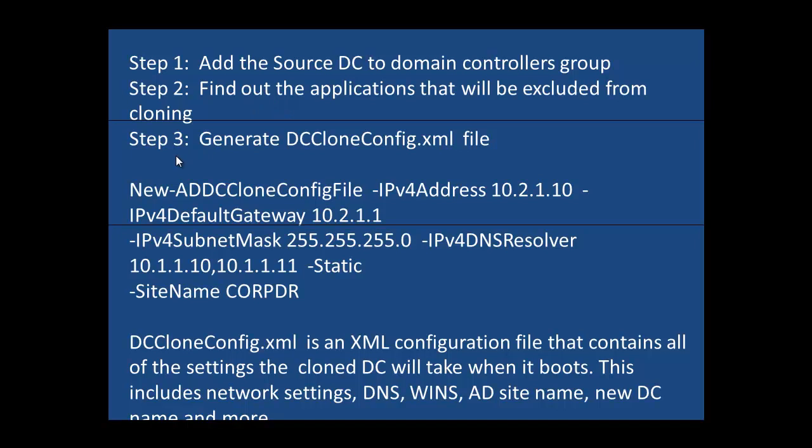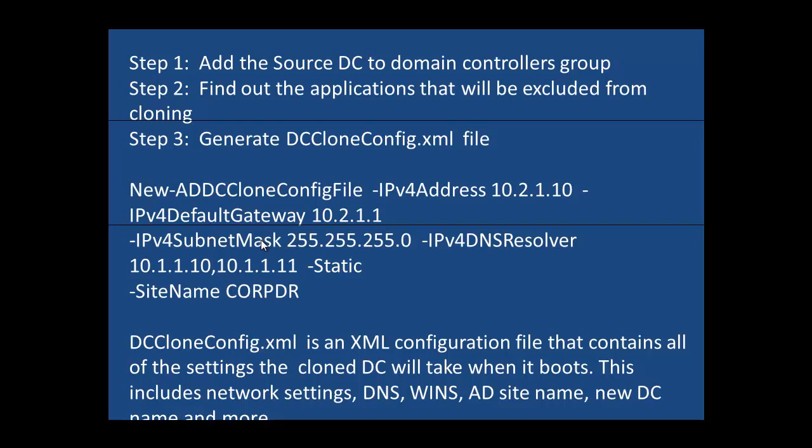When we do step 3, where we generate the DCCloneConfig.xml file, we are using the cmdlet New-ADDCCloneConfigFile. Then we're going to add the IP address, the default gateway, the subnet mask, the DNS, the site name. All of these variables we add into the file.